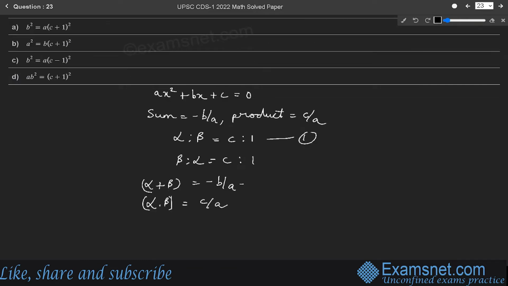Now let this be equation second and let this be equation third. Now taking the second equation, on squaring both the sides we will get alpha square plus beta square plus 2 alpha beta is equal to b square upon a square.